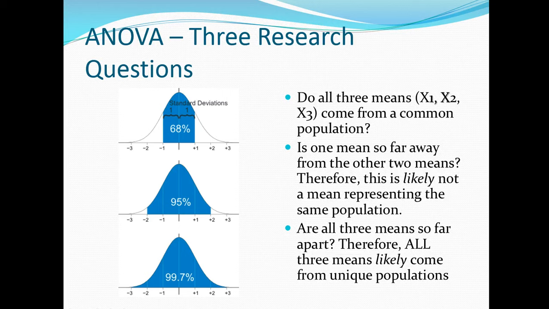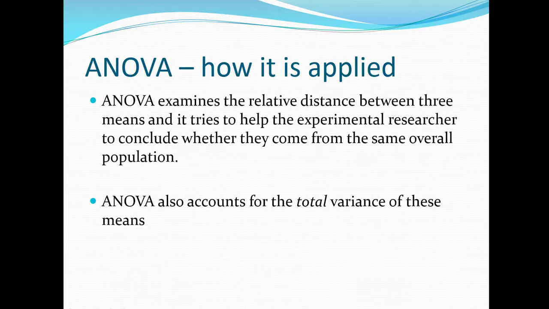And then the last, or the third research question that ANOVA will answer is, are all three means so far apart, therefore all three means likely come from unique populations? So ANOVA answers a minimum of three research questions.